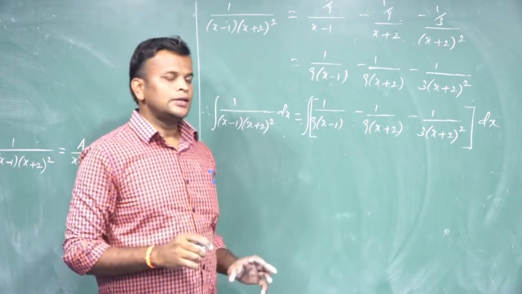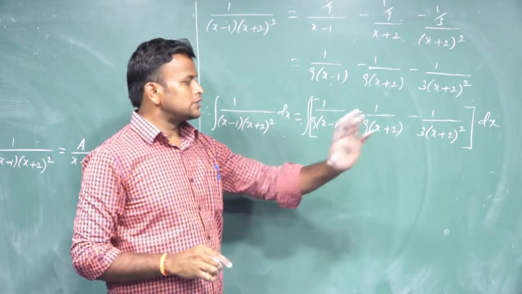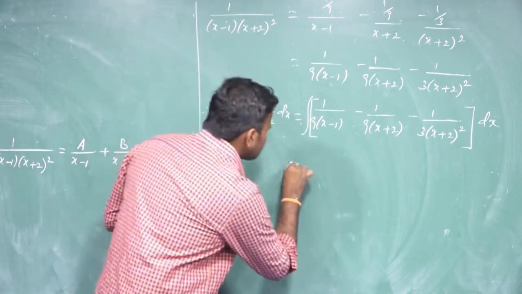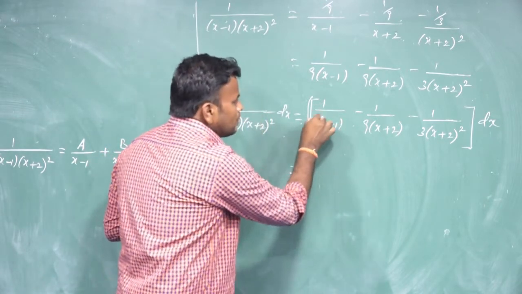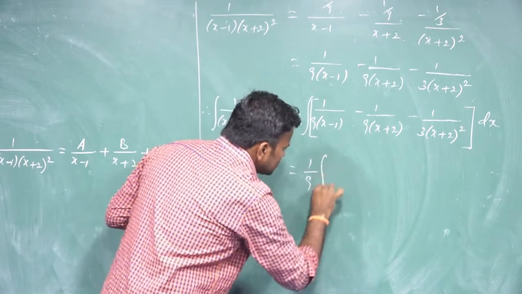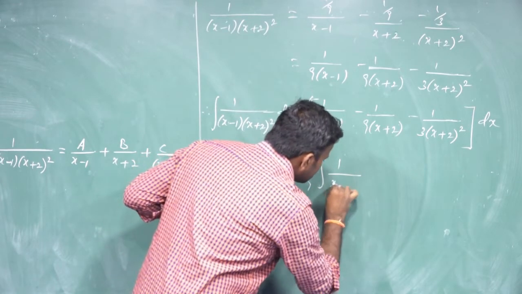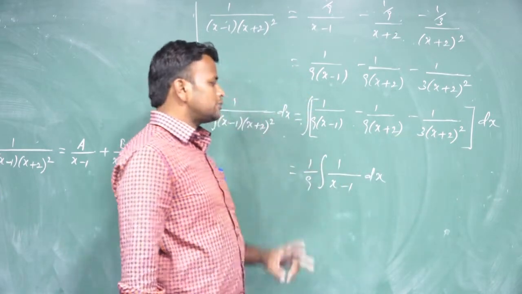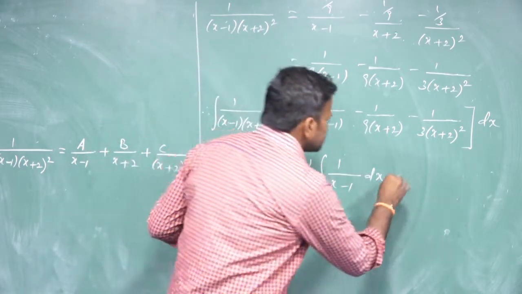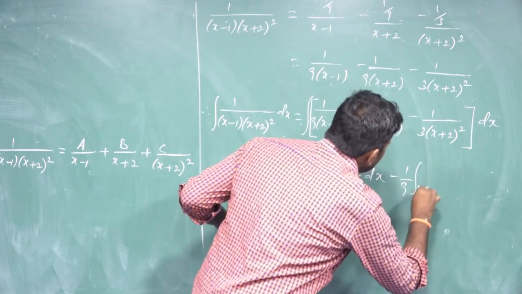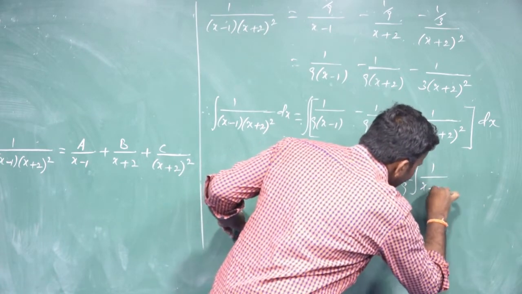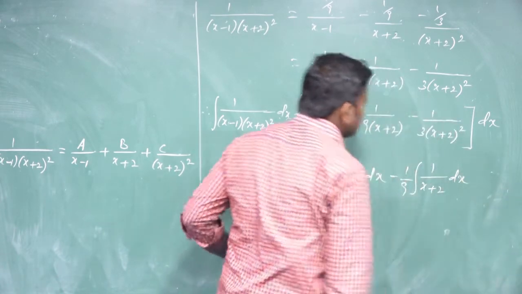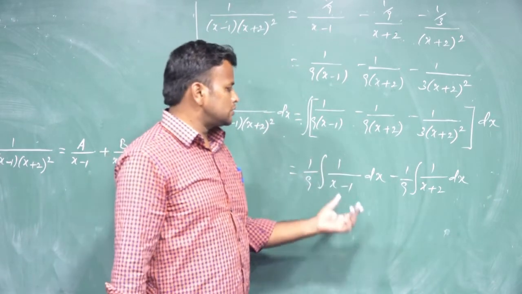For your understanding, I split this integration into 3 parts. In the first one you see 1 by 9 is a constant, so I will take it outside. 1 divided by x minus 1 into dx. This dx is common in all the 3 terms. Second term, how to write? Minus 1 by 9 of integrating 1 divided by x plus 2 into dx.